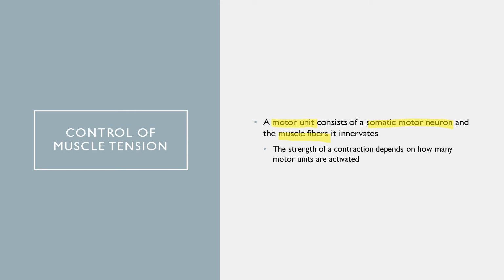A single somatic motor neuron makes contact with an average of about 150 different skeletal muscle fibers per somatic motor neuron. And so all of the muscle fibers in one motor unit are going to contract all in unison.